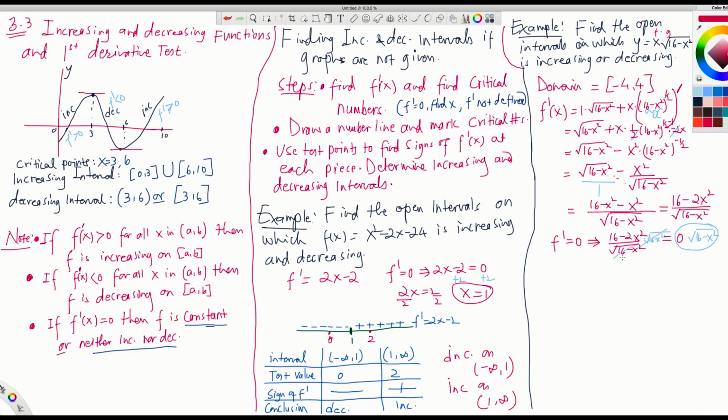What is left is 16 minus 2x squared equals 0. Now add 2x squared on both sides. What do you get? 16 equals 2x squared, right? Divide by 2. This implies x squared equals 8.